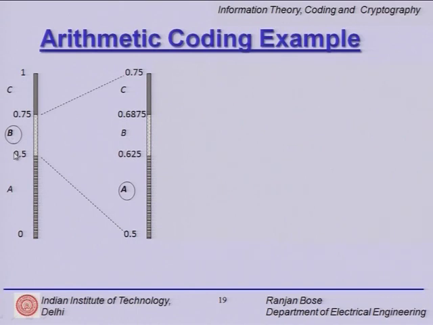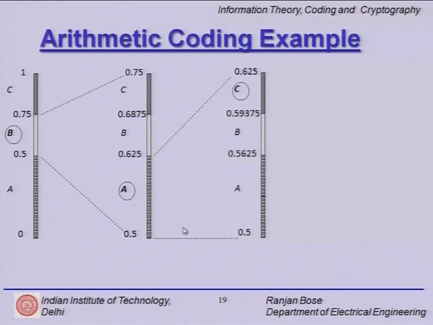Anyway, so I was working with B, and the next symbol that comes in is A. So, A comes in, and my boundaries become 0.5 to 0.625. So, I stretch it up. 0.5 remains 0.5 and 0.625 becomes the upper limit. Now this is my real estate to divide, and the rest is mechanical, half of it.